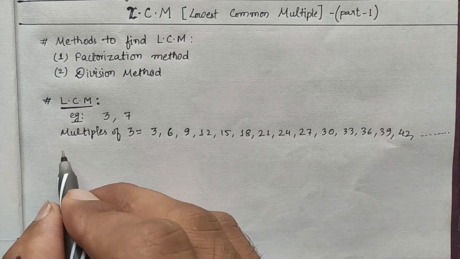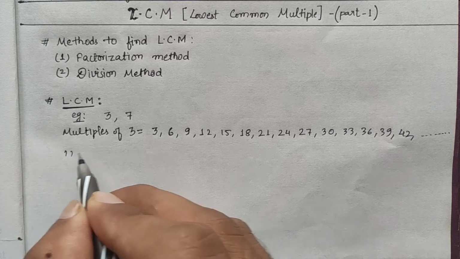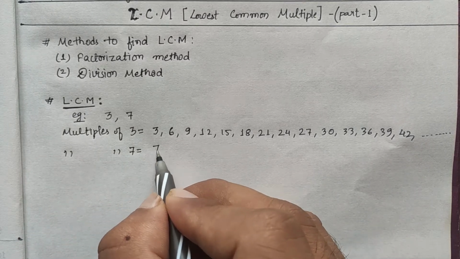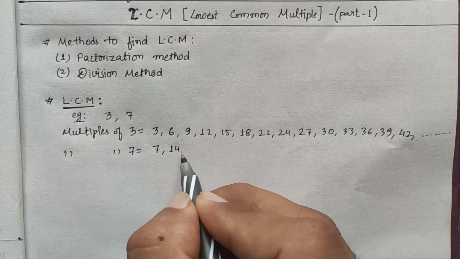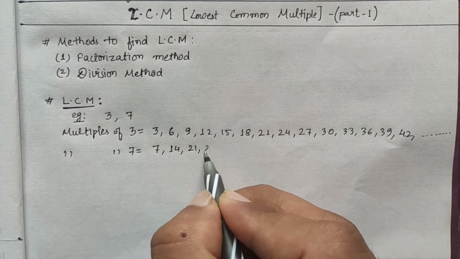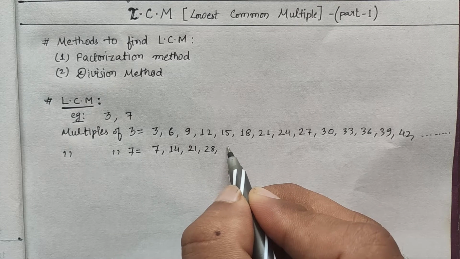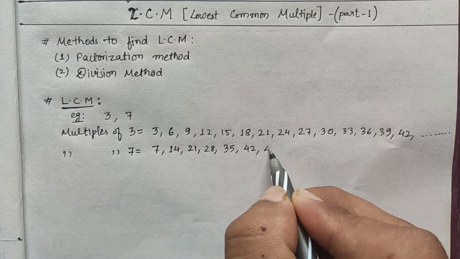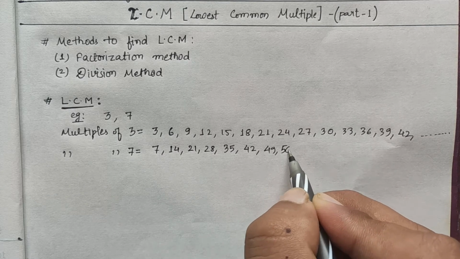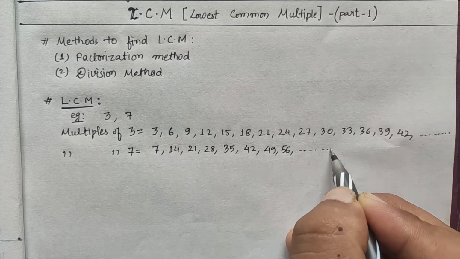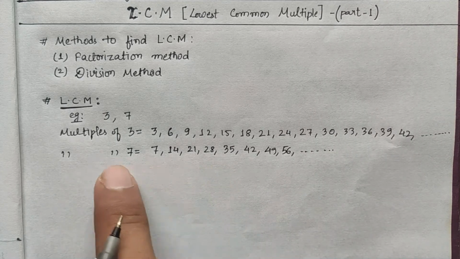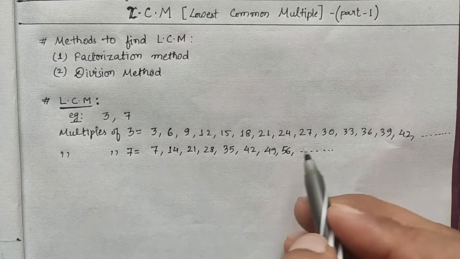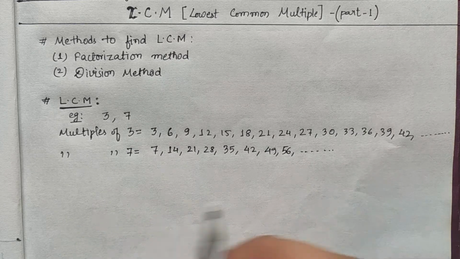Similarly multiples of 7 are 7, 14, 28, 42, and so on up to infinite. We can write the multiples of 3 and 7 up to infinite. They never end. Dot means and so on.